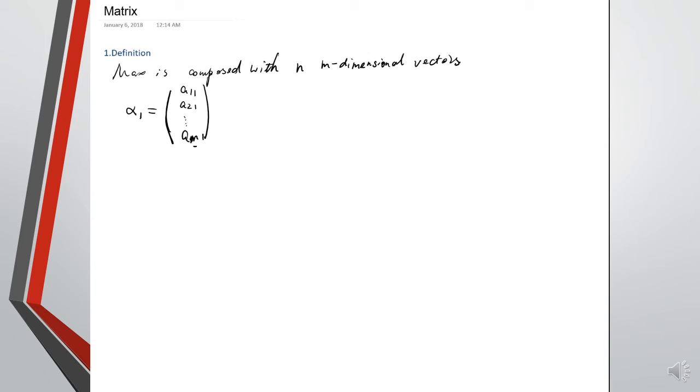You can see that we do have the m-dimensional vector. Similarly, you can write alpha 2 vector, alpha 3 vector, and all the way to alpha n vector. For the alpha n vector, we just change the subscript to a1n, a2n, and all the way to amn.